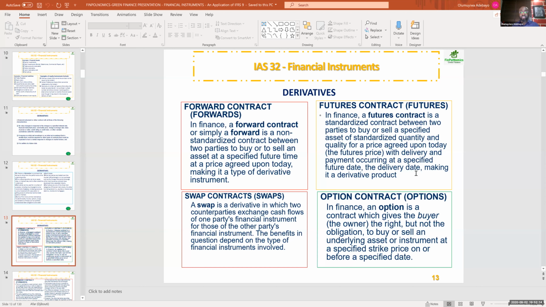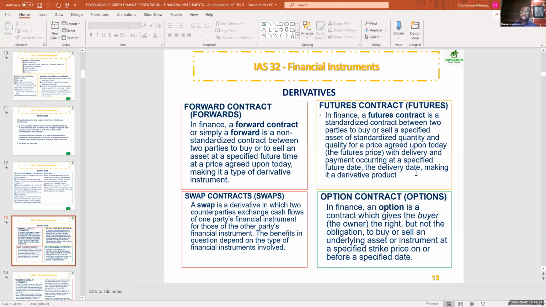Now, what happens as time moves on? If the dollar moves to 460, it means one party has gained. The party that will receive the dollar at 450 will have gained 10, because upon the settlement date the market is selling for 460, but he is buying for 450, which means he has gained 10 naira.